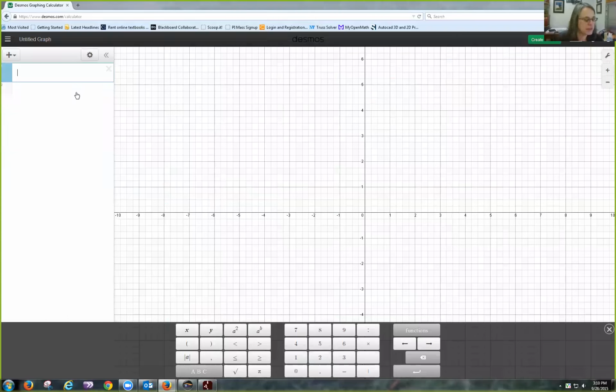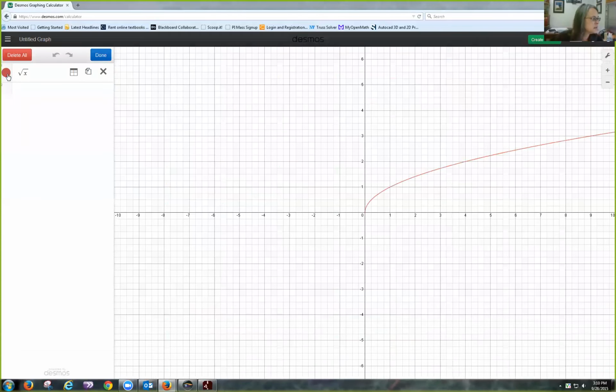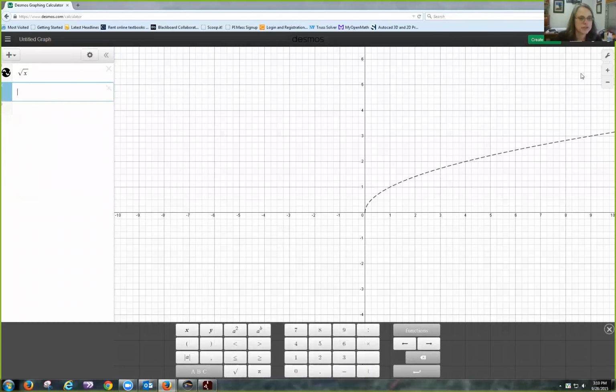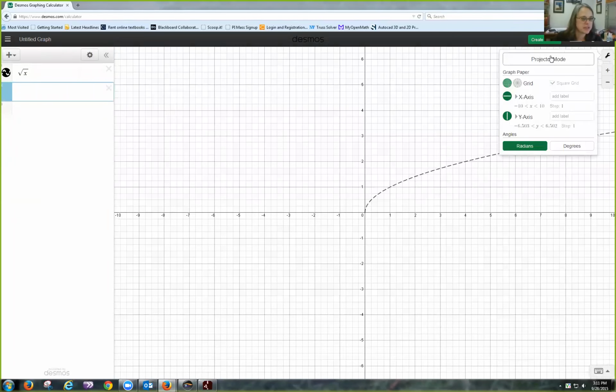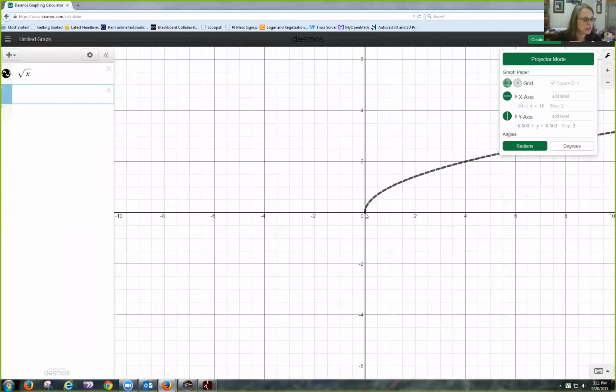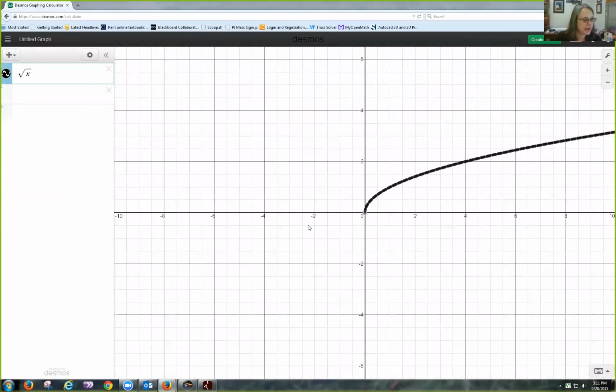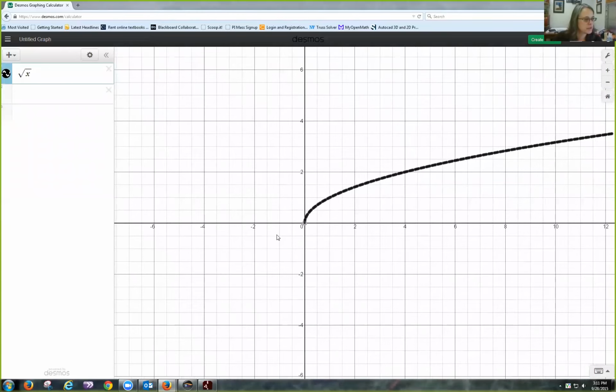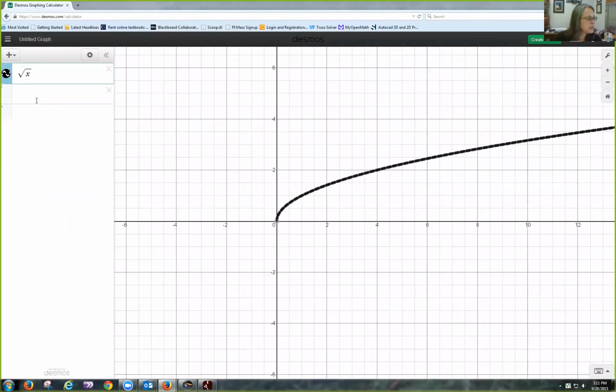And let's play with f of x equals the square root of x. So this is going to be square root of x. And I'm going to make this guy black and dotted. Okay. I'm going to turn this into projector mode so it's easier for you to see. And I'm going to drag my graph over. That'll do.